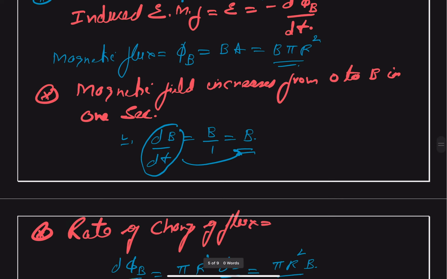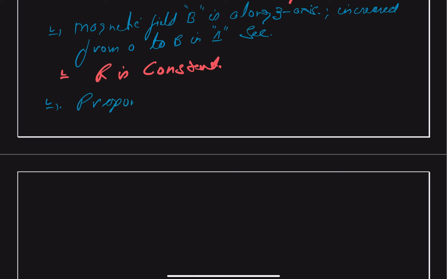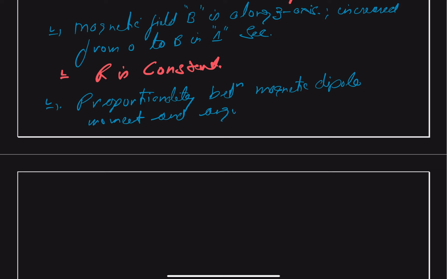So from here we can write the relationship between magnetic dipole moment and angular momentum.